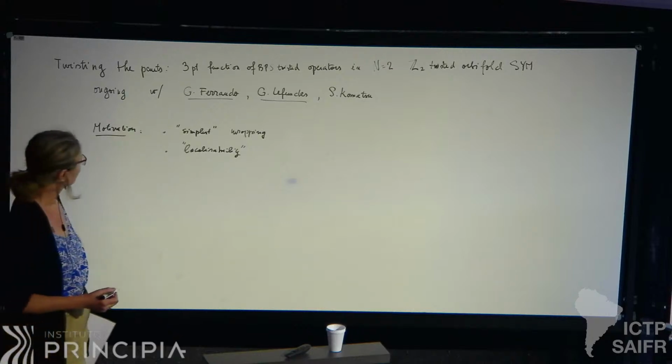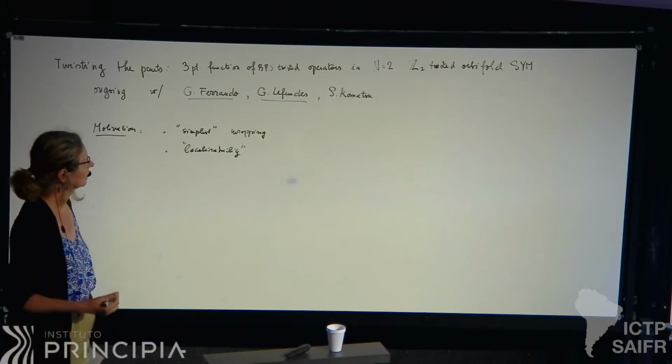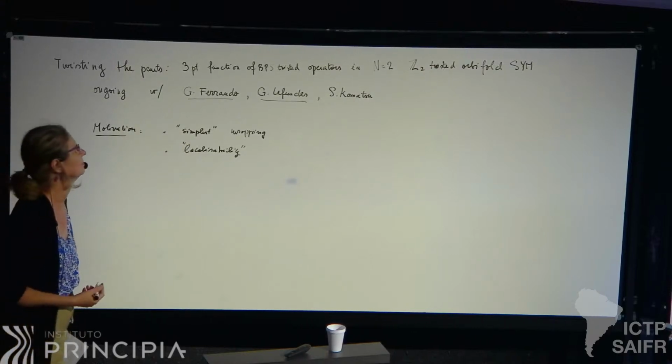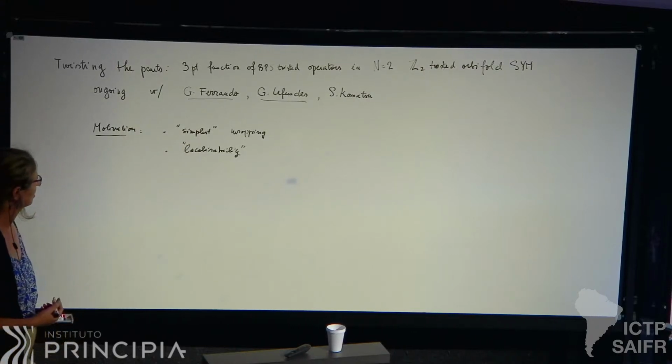This theory is probably the closest to N equals 4 super Yang-Mills. We twist the sphere, we twist the operators which correspond to the sphere.